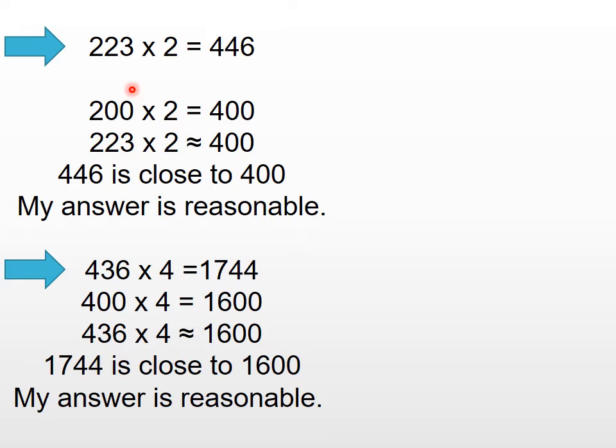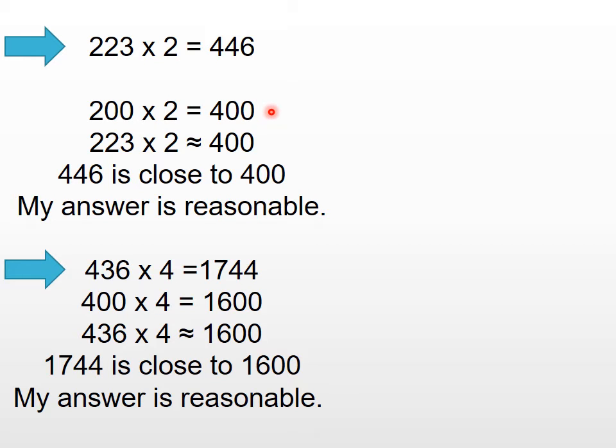Okay, now you have 223 multiplied by 2. In the previous slide I already found the answer of this: 223 multiplied by 2 was 446. But once I have found my answer, what if I'm not that sure whether it is correct?